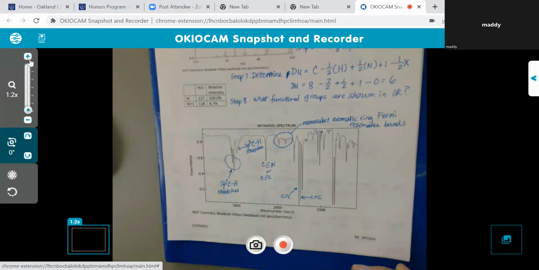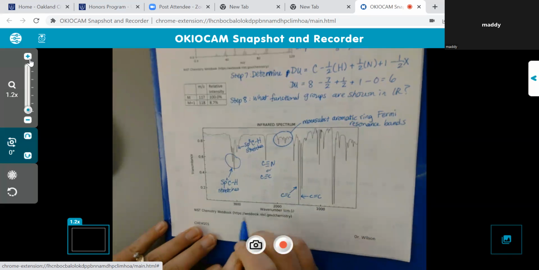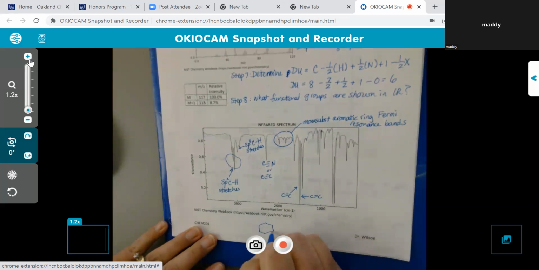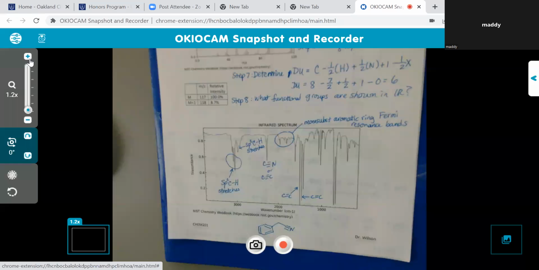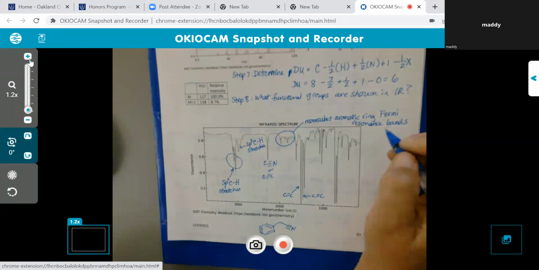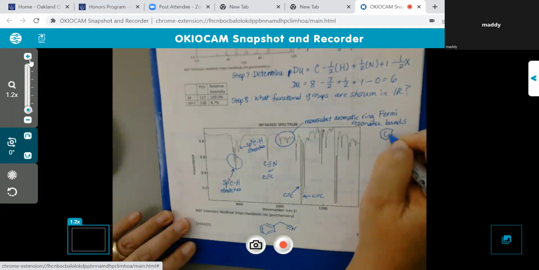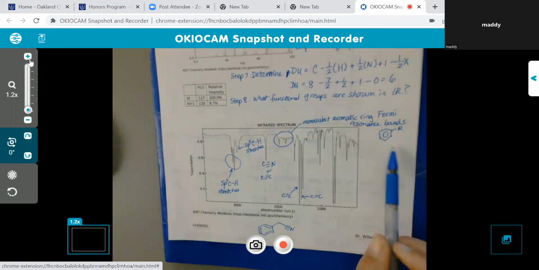So when I put that all together, one proposed structure that I would have is this one, where I have an aromatic ring with an R group coming off it.